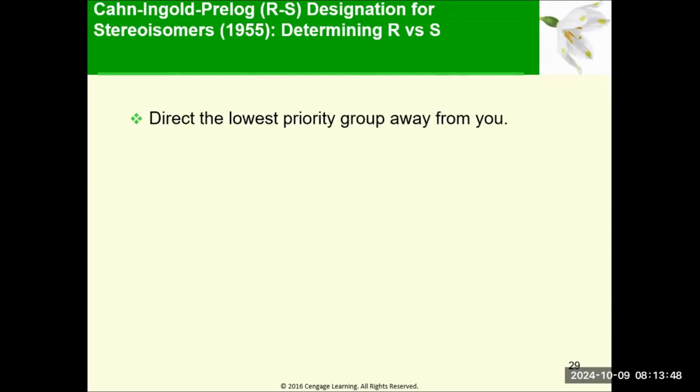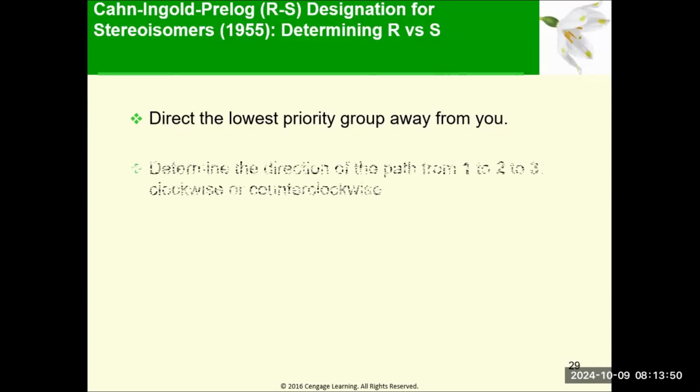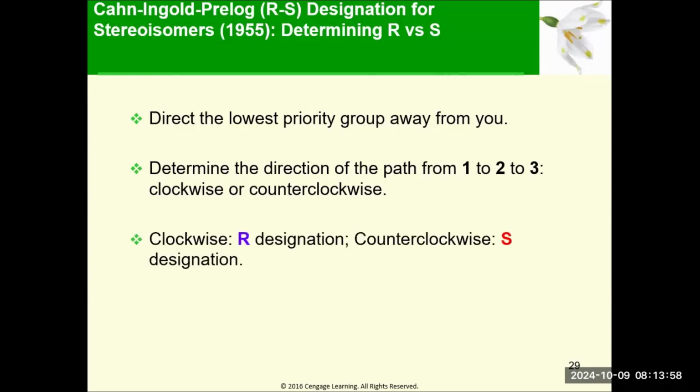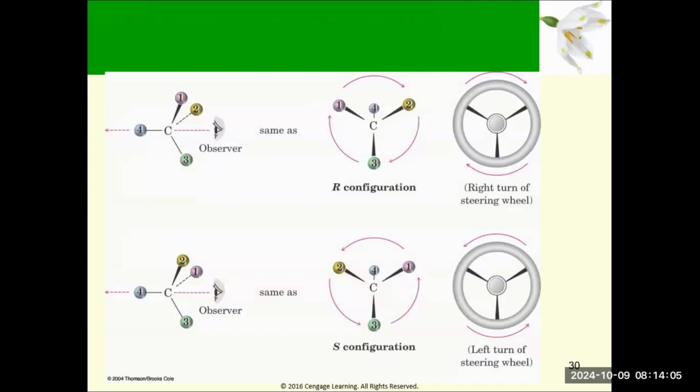All right, so once you direct the lowest priority group away from you, you're able to look at the direction of 1, 2, and 3 to see whether it's clockwise or counterclockwise. If it's clockwise, R designation; counterclockwise, S designation. All right, so let's look at this. If the observer is looking, you want to make sure 4 is away from you.